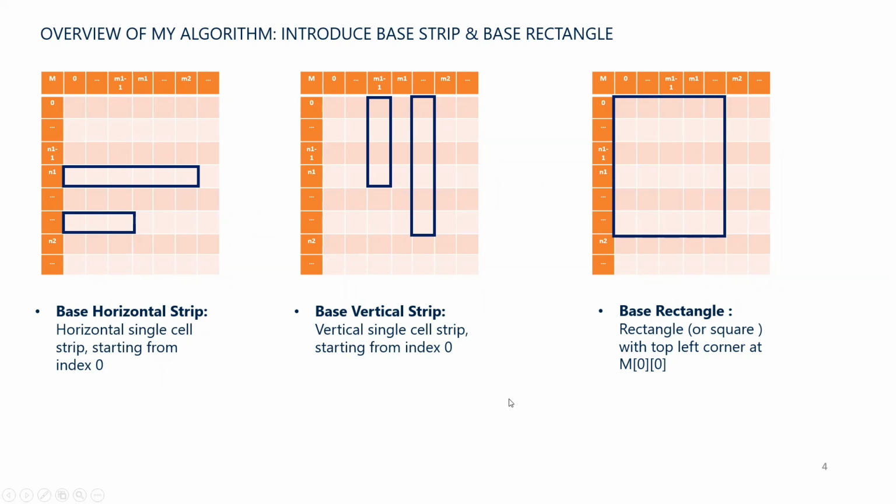A base vertical strip is a vertical single cell strip starting from index 0, like this. A base rectangle is a rectangle or square with its top left corner at M[0][0]. So any rectangle starting from here and going anywhere.